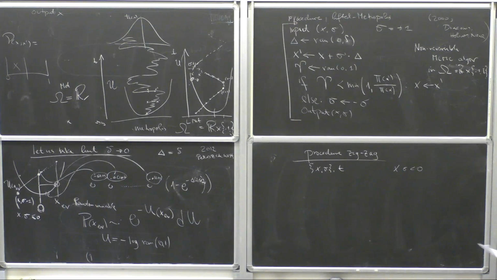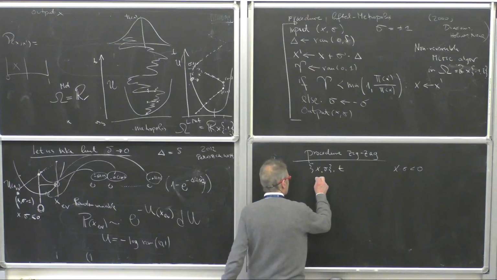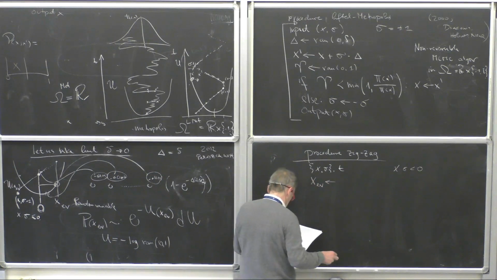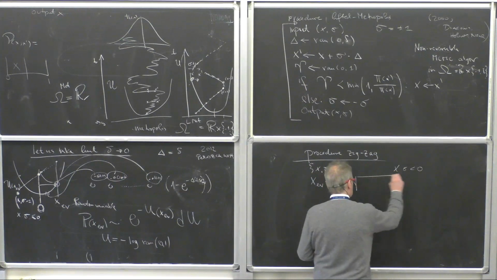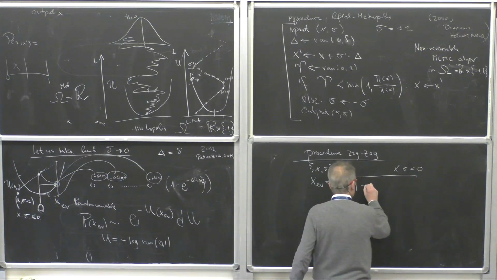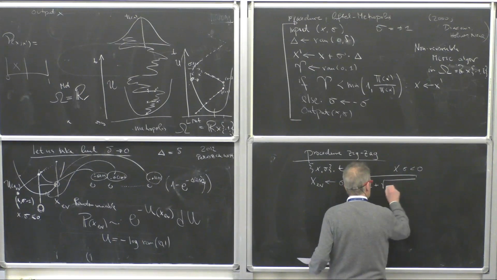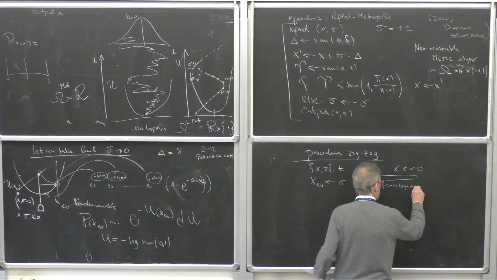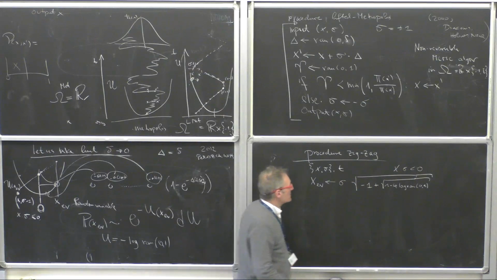Okay, so now let's write the algorithm. So x, sigma. Now what I'm doing is I'm saying that the x event is sigma times... so what I'm doing is the following.